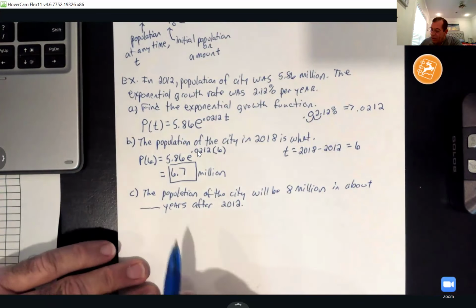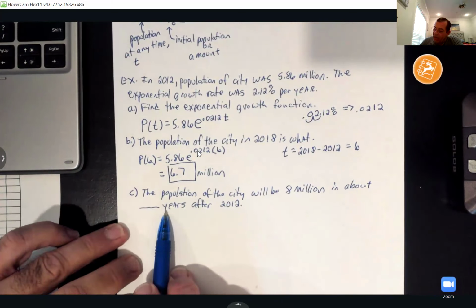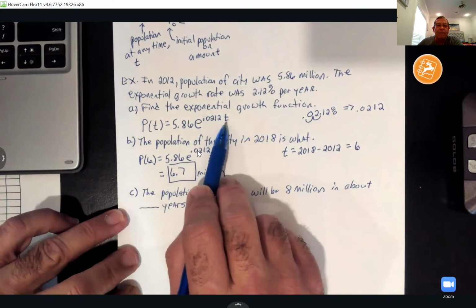So what we're finding on this one is the time. Okay, we're finding the t on this one.